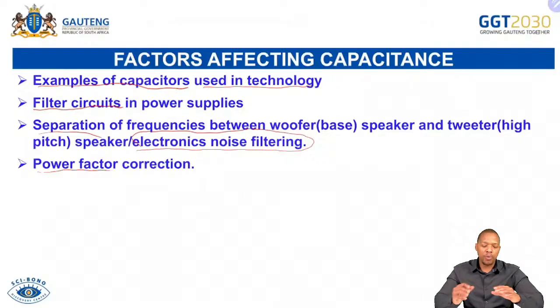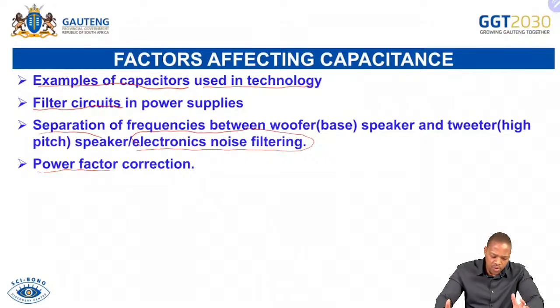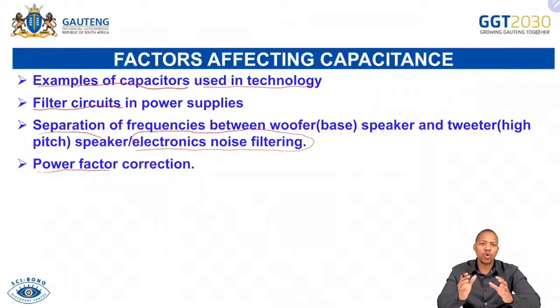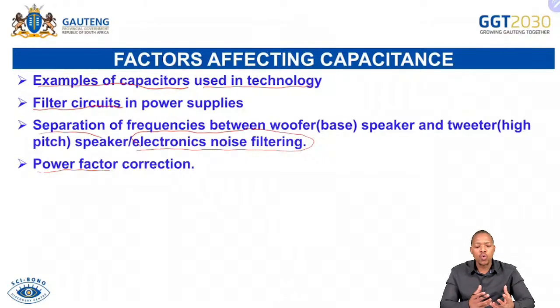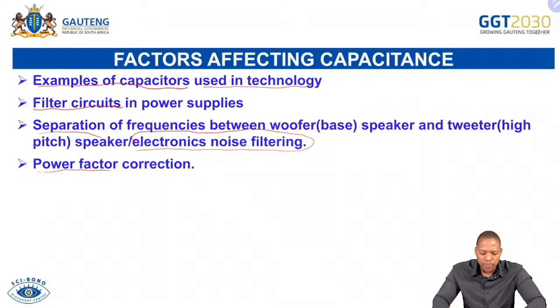So that's where you find capacitors being used. As to how they actually filter circuits and power supplies, that would need us to go into a lot of detail. But what I would like you to know is where they are used, so that if you are asked to list the uses of capacitors in technology, at least you are able to do that.